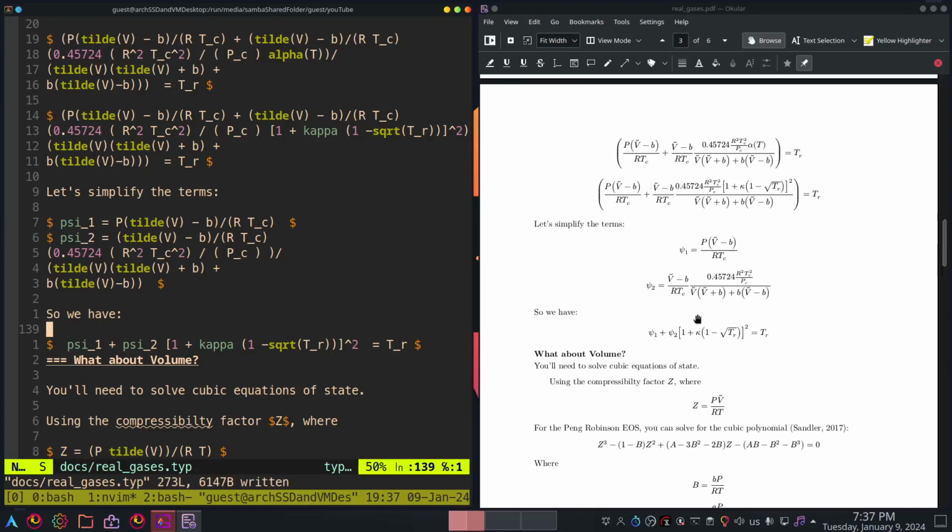So I have psi 1 here and psi 2. Psi 1 is this term on the left, psi 2 is this whole mess of terms on the right. All this should be known at the calculation time.